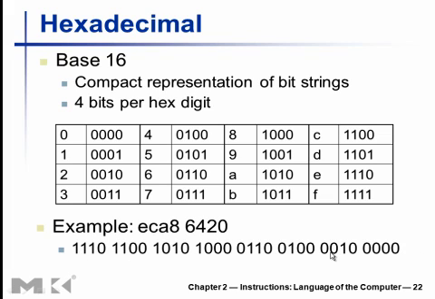So you get 8 groups. Each group is then converted based on this table from 0 to 15. Be careful with numbers larger than 9: A represents 10, B is 11, C is 12, D is 13, E is 14, and F is 15. That's the convention. It can be lower case or upper case.